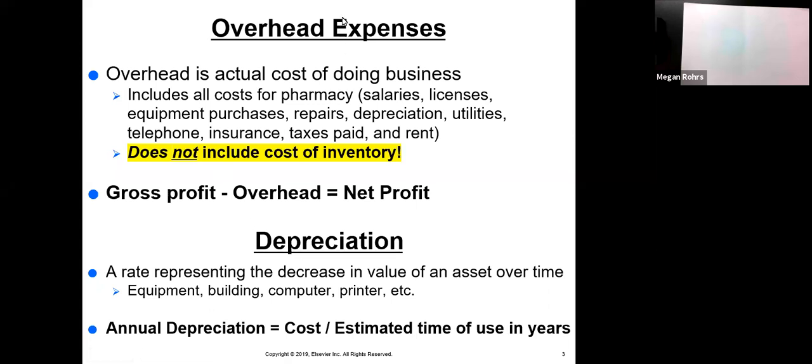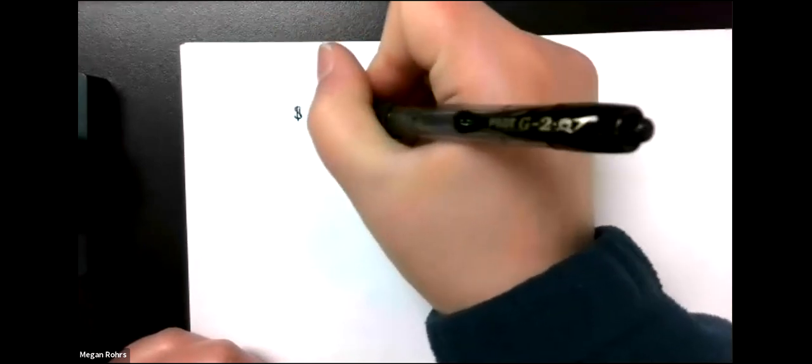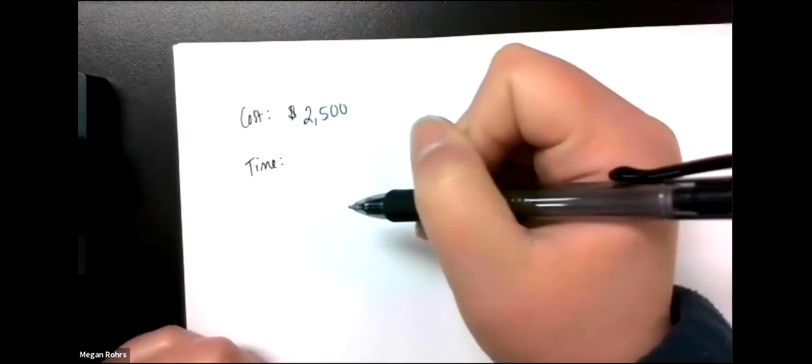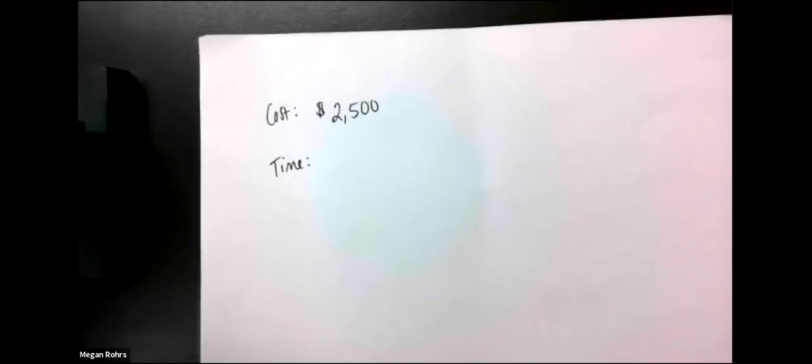So let's just take a look at an example here. Let's say that we just bought a brand new computer for the pharmacy for $2,500. So that was the cost. And the estimated time of that computer would be, let's say, 7 years.